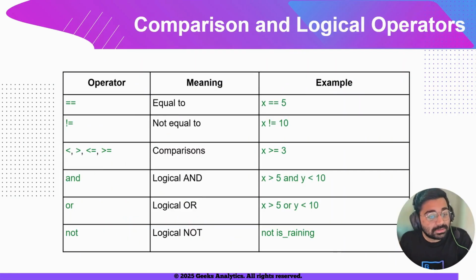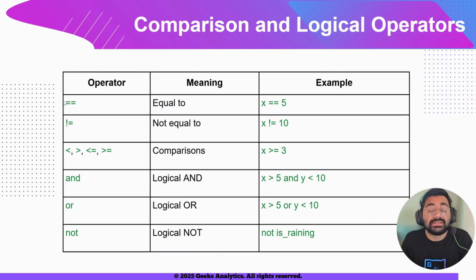Right. Now coming to the comparison and the types of logical operators. We have certain operators. We already saw the equal operator. When you assign something to a variable, you type something like x equal to a particular value.